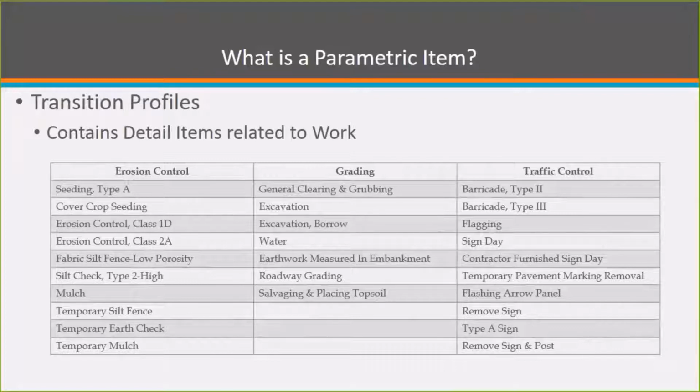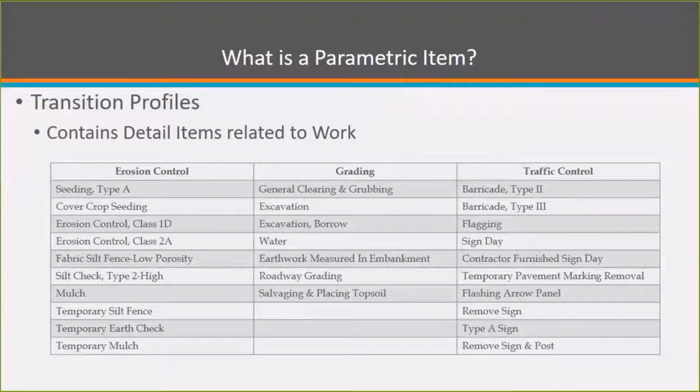Now, some or all, mostly only some, of the items that are incorporated in the transition profile will be used. What this does is allow the user, when they add the parametric item to their cost estimate, to establish a price based on, well, every mile will have $10,000 in grading costs, but we don't know exactly how much excavation and water and earthwork measured in embankment we will have.